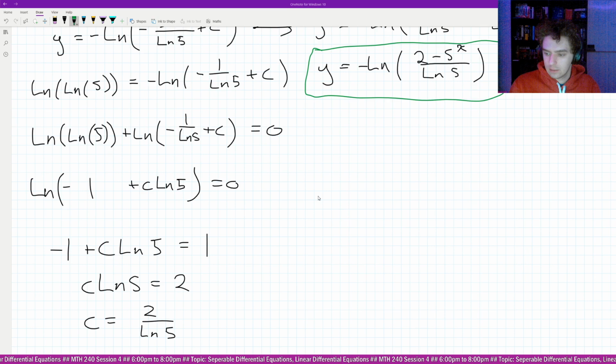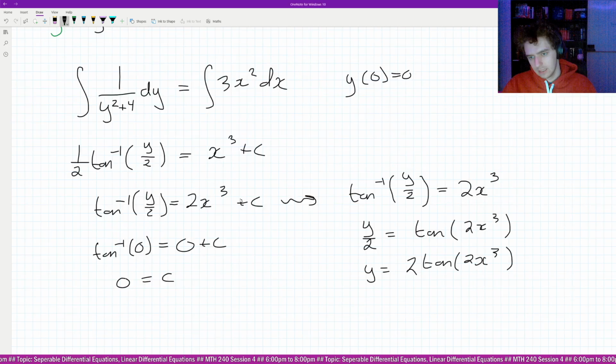Tan inverse of y over 2 equals 2x cubed, so y over 2 equals tan of 2x cubed, so y equals 2 tan of 2x cubed. And there you go. Technically, there has to be a restriction on 2x cubed, but that doesn't really matter.